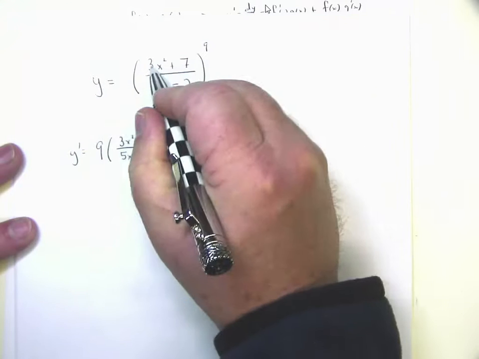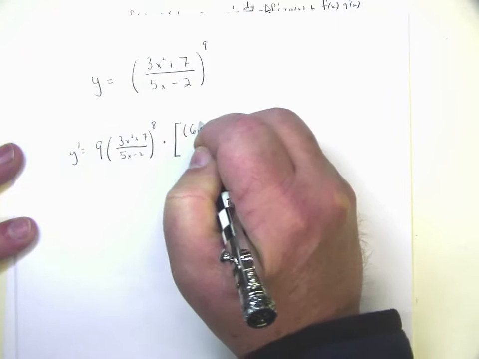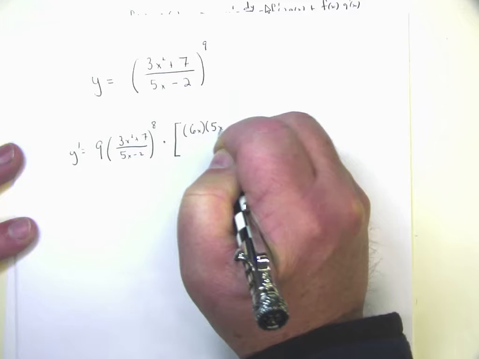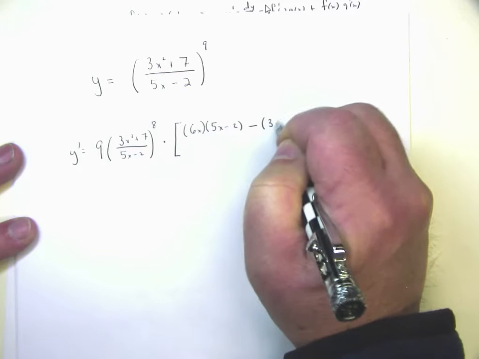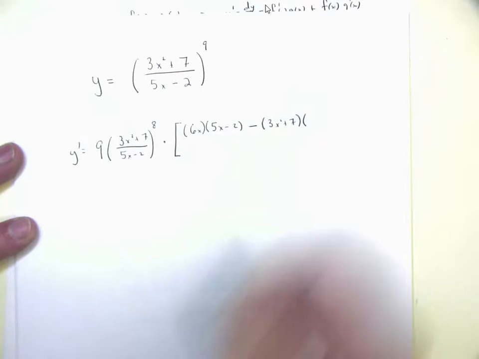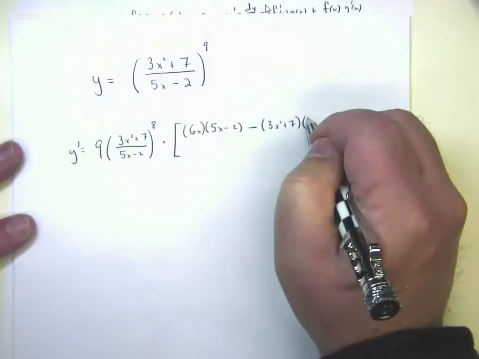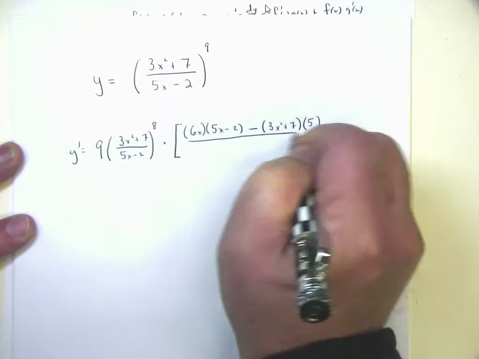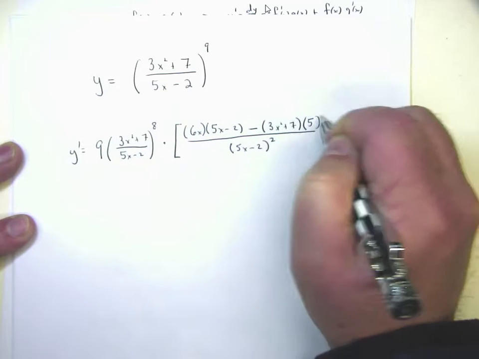What's the derivative of 3x squared plus 7? 6x. Derivative of the top times the bottom, 5x minus 2, minus the top, 3x squared plus 7, times the derivative of the bottom. What's the derivative of 5x minus 2? 5, all over the bottom, 5x minus 2 squared.